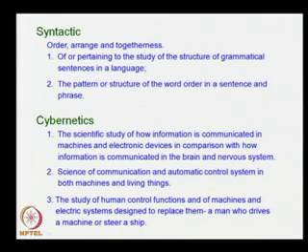Number 3: the study of human control functions and of machines and electric systems designed to replace them, a man who drives a machine or steers a ship, for example.